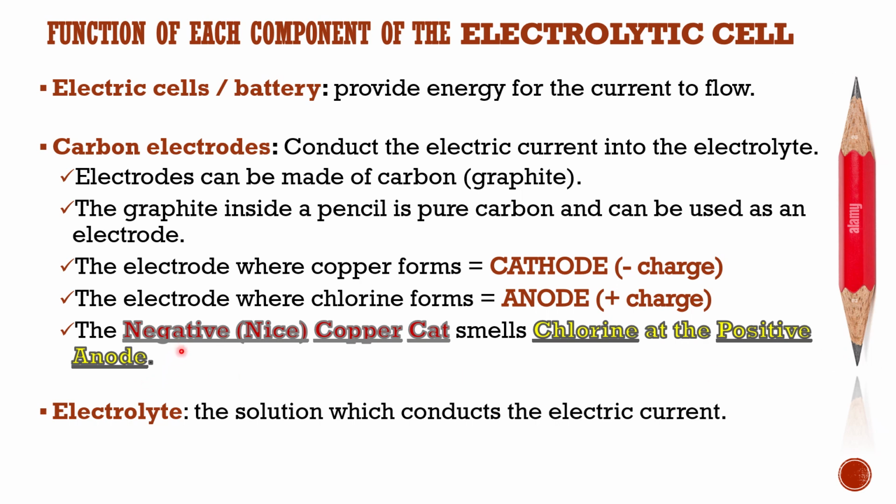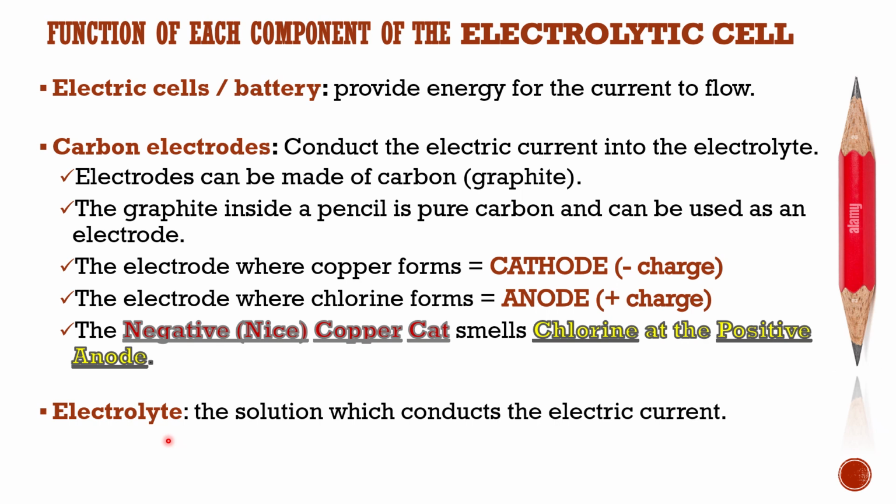So negative copper, that's where copper forms at the negative electrode, and the cat stands for cathode. So at the cathode you find copper, and that is the negative electrode. Smells chlorine at the positive anode. So try and remember the sentence, then you won't get confused at what forms where.